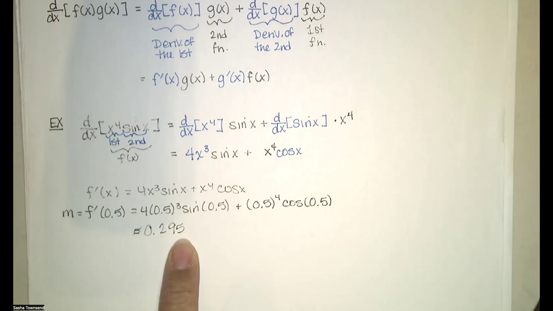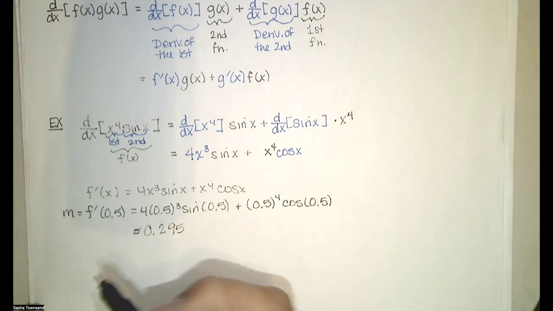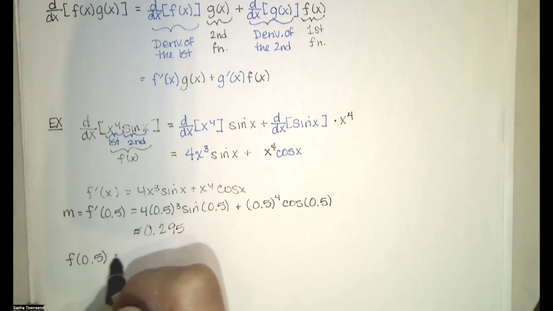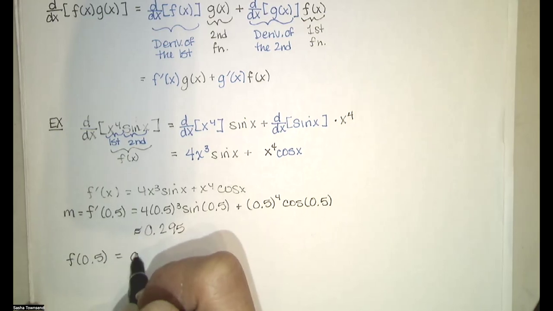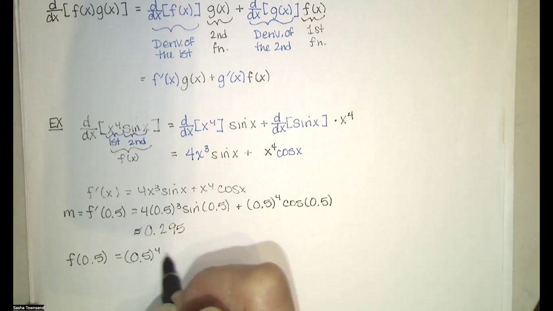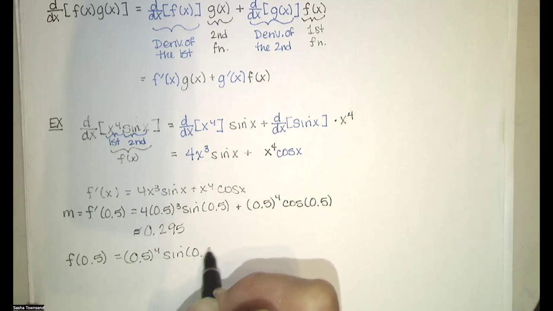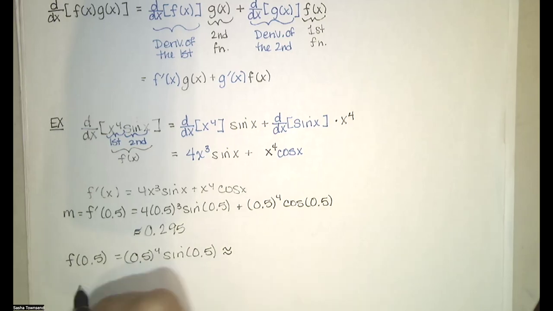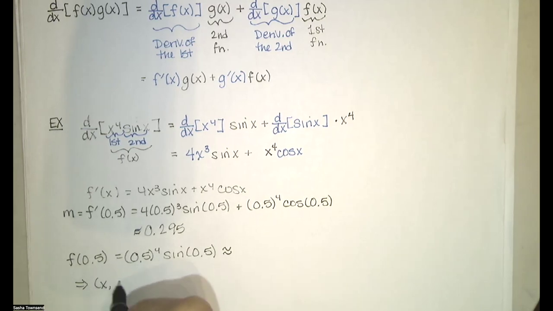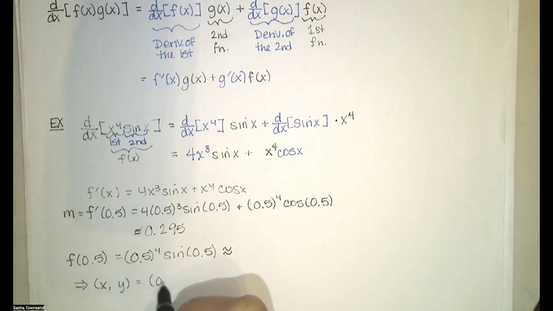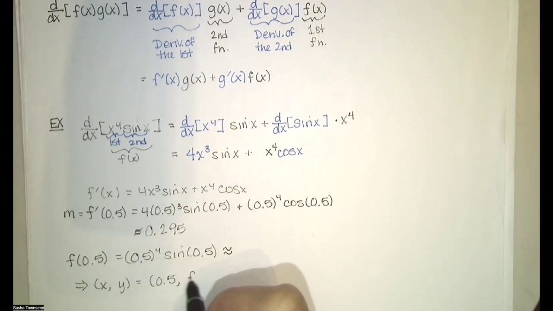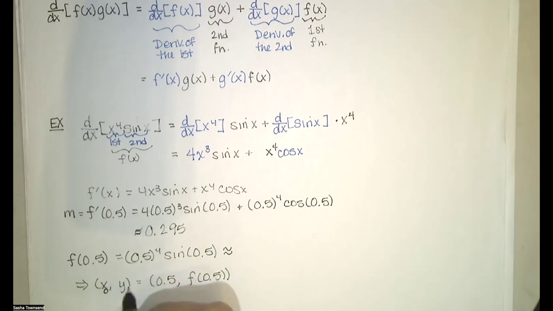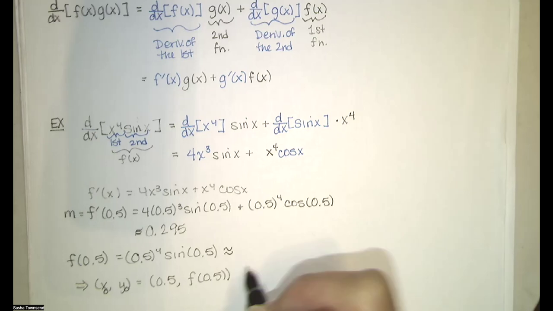And if we wanted to find the tangent line by hand, we would just evaluate f at 0.5. So we'd have 0.5 raised to the 4th times sine of 0.5. We use a calculator to estimate that. And then remember that x naught, y naught, which is 0.5 and f evaluated at 0.5, is a point on our graph.